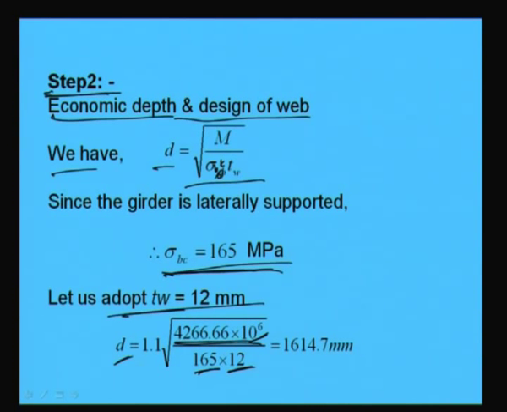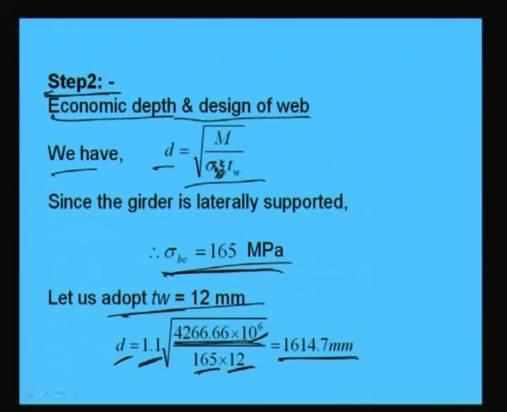Now, 1.1 we have multiplied, as we know, because of riveted connections we are using a little higher side, because net area will be reducing. So, we are going to get d as 1614.7 millimeter. So, in this way we can find out the depth of web.